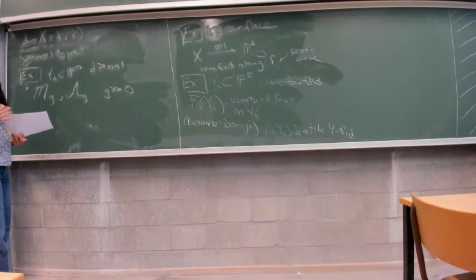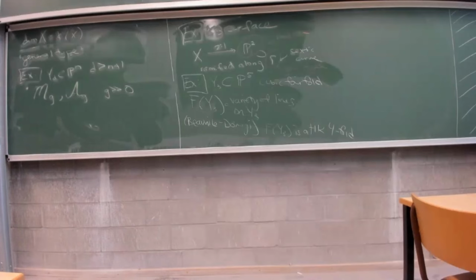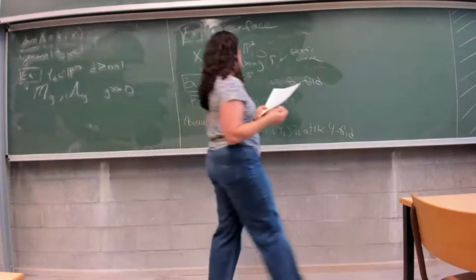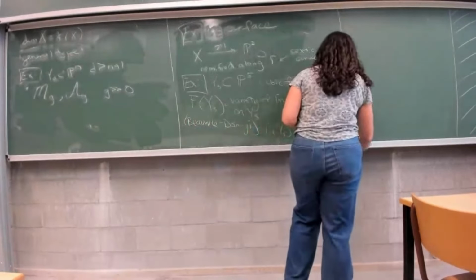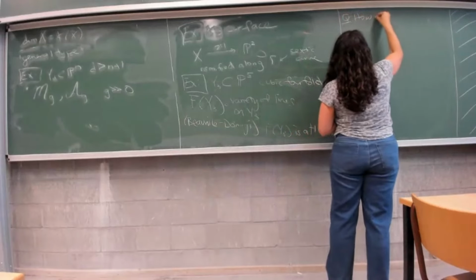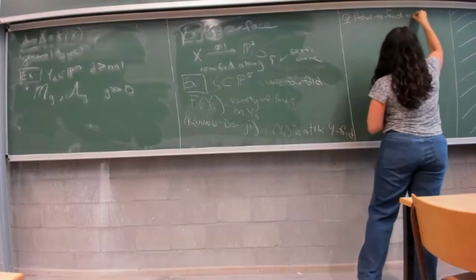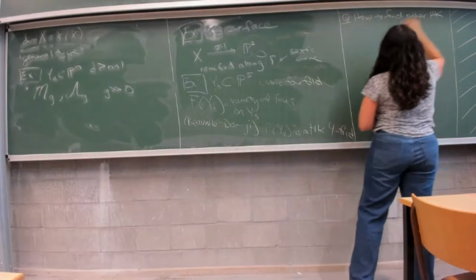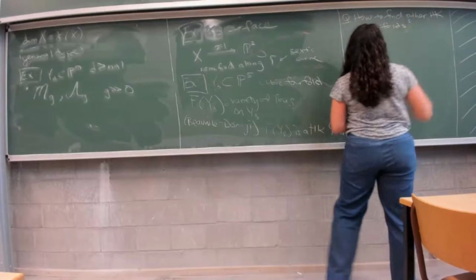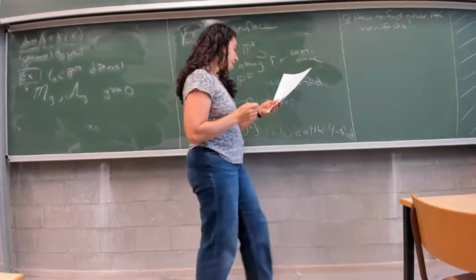And so, how do we, from this idea, what are the other kinds of examples of hyperkähler manifolds that we should have in our minds when we think about producing hyperkähler manifolds? So there aren't so many different classes of examples.